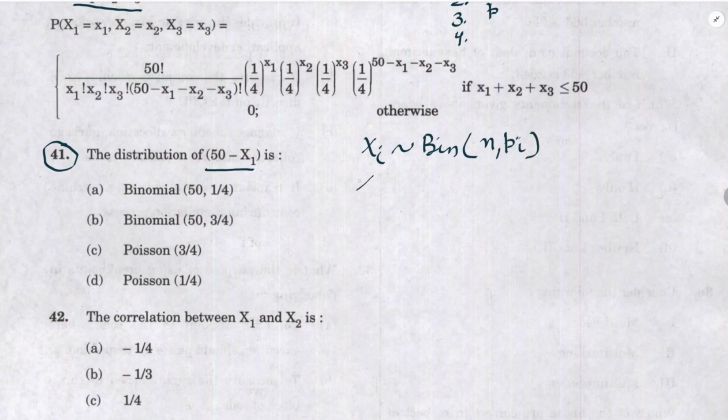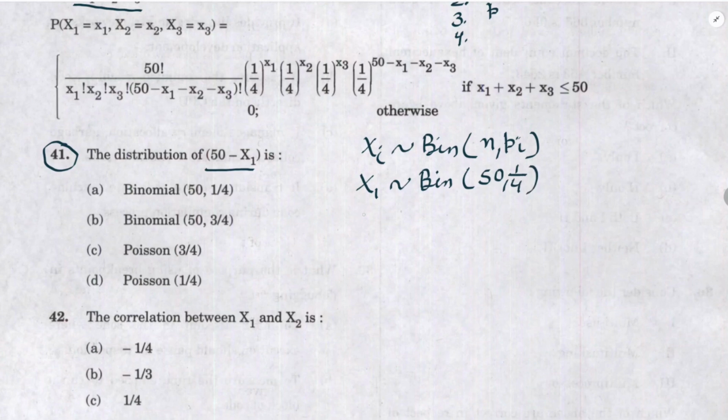So if we want to find the distribution of x1, the marginal distribution of x1 will be binomial. The value of n is 50 here, and the values of p1, p2, p3, p4 are all equal to 1 by 4. So it will be 1 by 4.